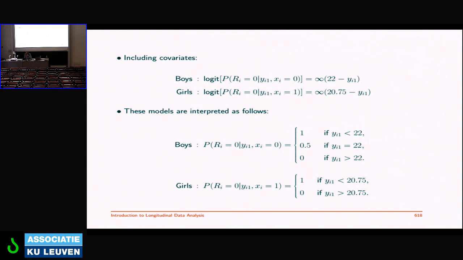And if you fit a logistic regression where you have a dependence of missingness on the first measurement and on the gender, so you fit separate models for boys and for girls, what you find is this very weird degenerate model. There is, in logistic regression terms, complete separation in the parameter space. The zeros and the ones, so the ones that stay and the ones that don't stay, within the boys and within the girls are fully separated.